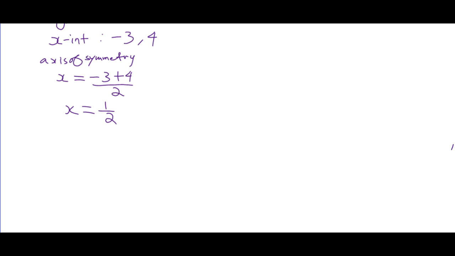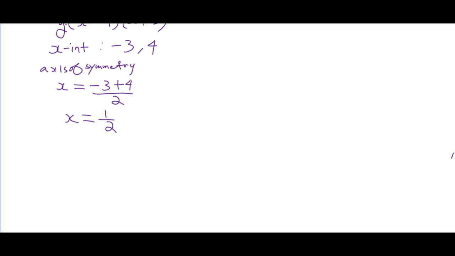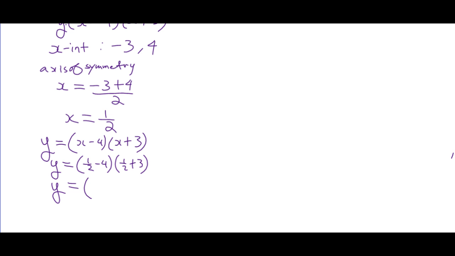It's a repeating decimal. Once we have the x-coordinate of the axis of symmetry, we plug that into the equation, and I can use the factored form. Or I can use the original function, right? The x squared minus x minus 12. So I want the y-coordinate when x is 1/2. So just work it out.